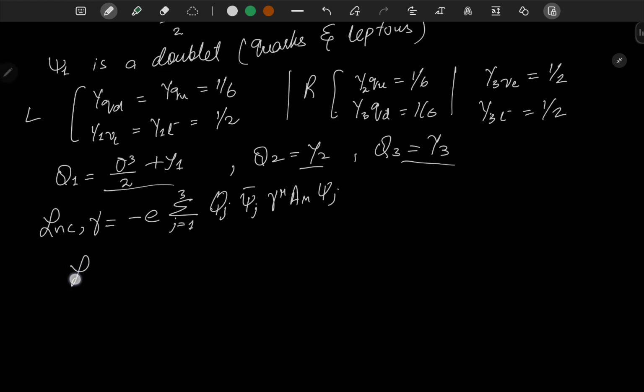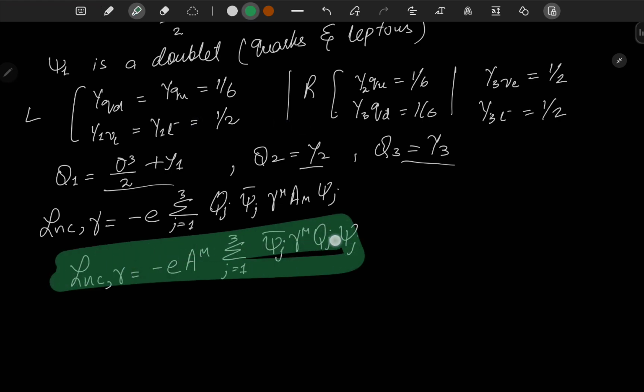If I take out A mu, sum over j equals 1 to 3 of psi bar gamma mu Qj psi j. So yeah, now it looks more compact, more pretty.